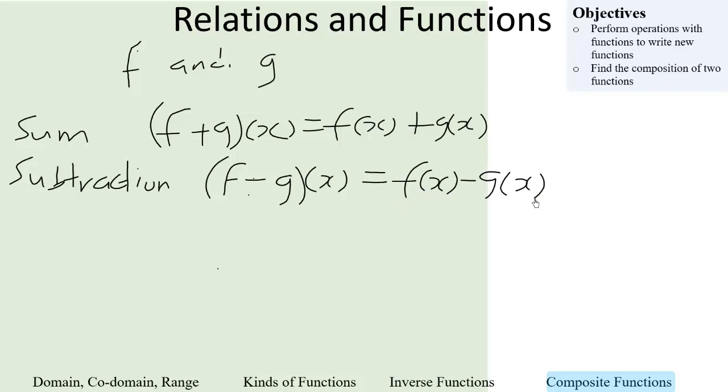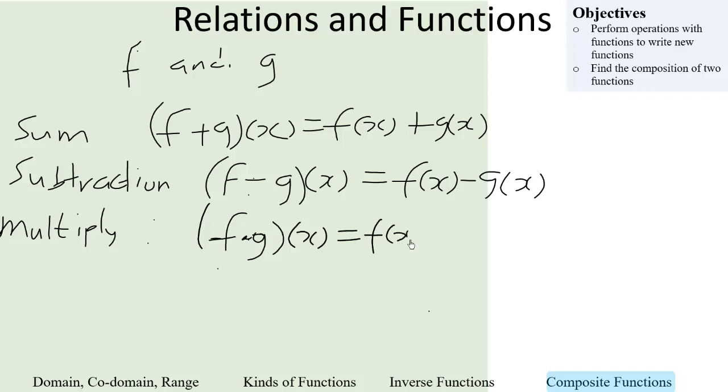Then we can also do multiplication. Multiply. So f dot g of x is equal to f of x dot g of x.